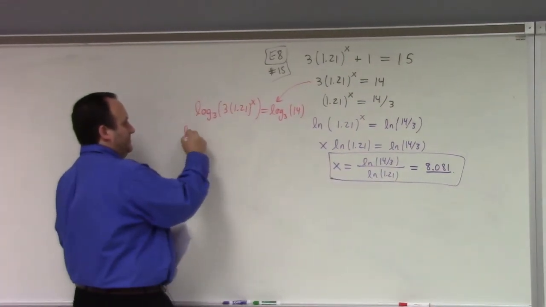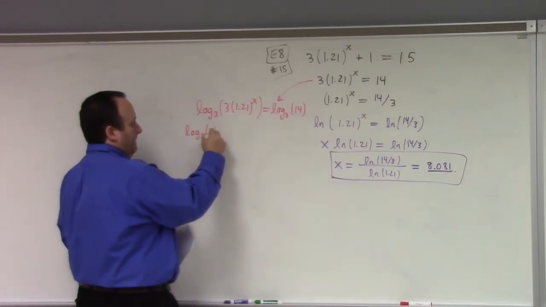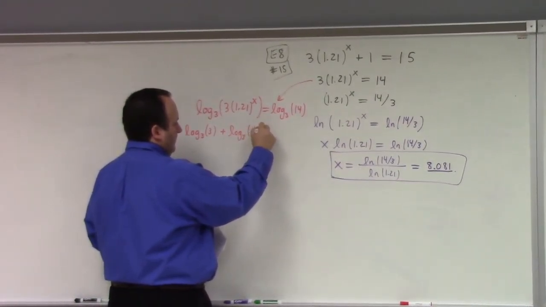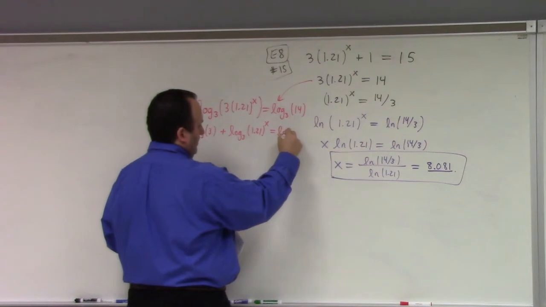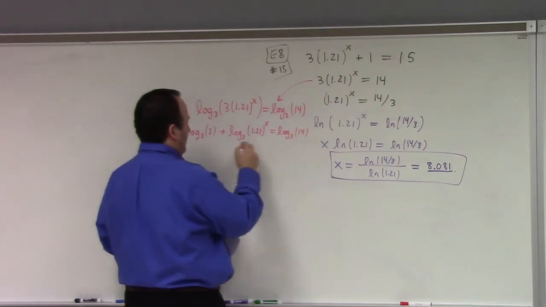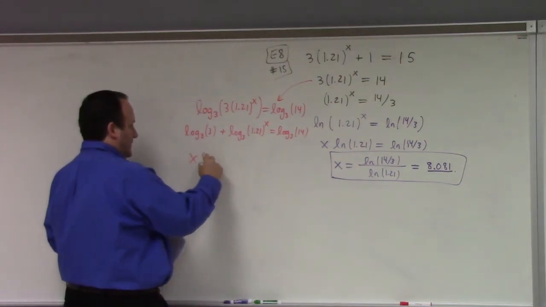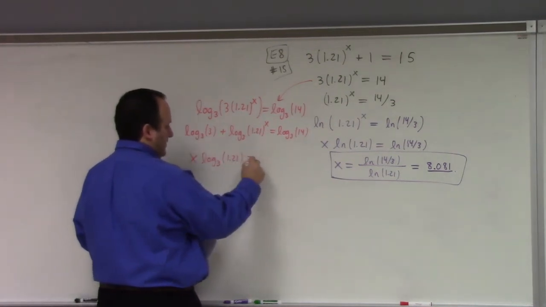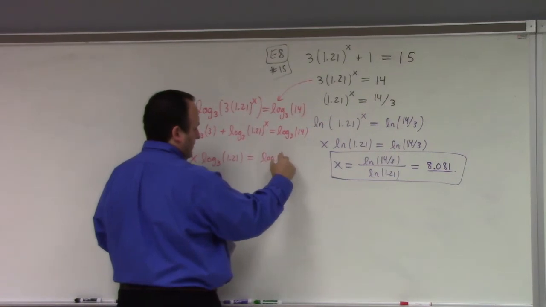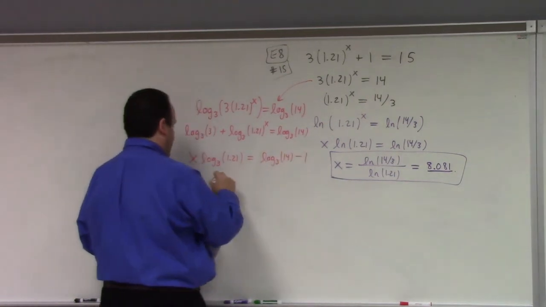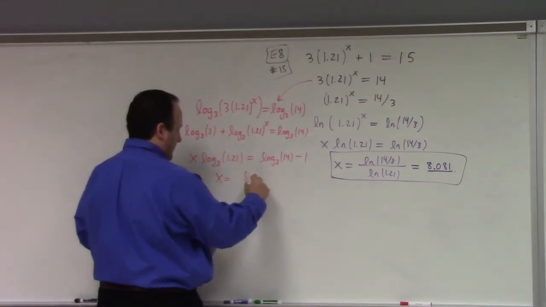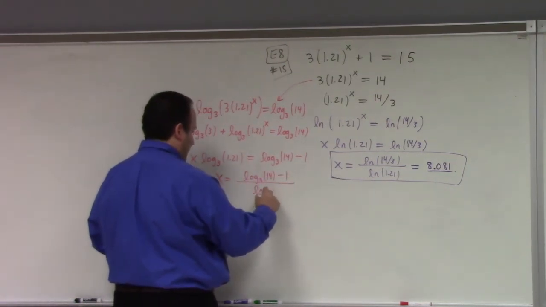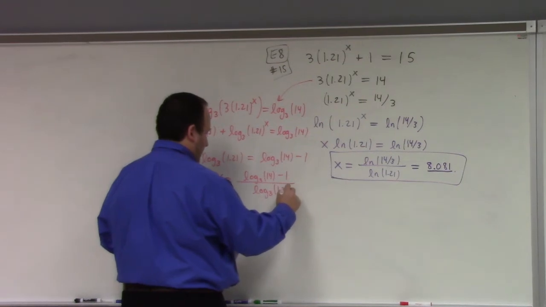And then that gives you x times log base 3 of 1.21 equals log base 3 of 14 minus 1. x is equal to log base 3 of 14 minus 1 over log base 3 of 1.21.